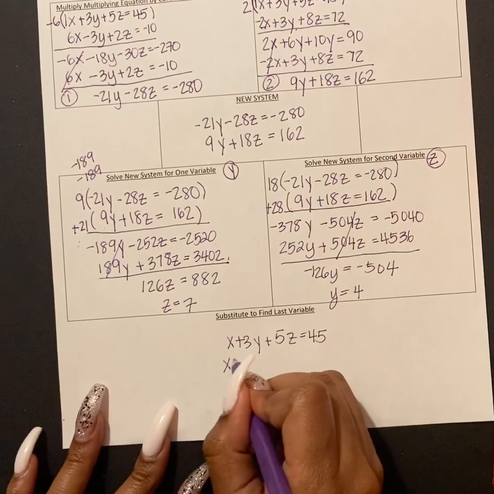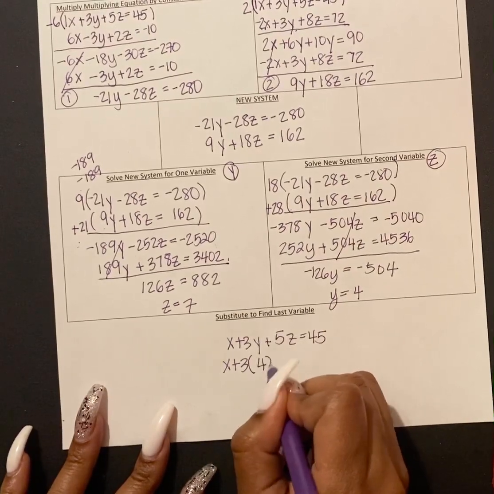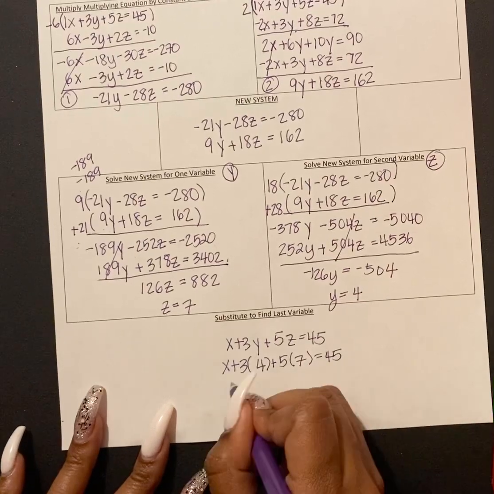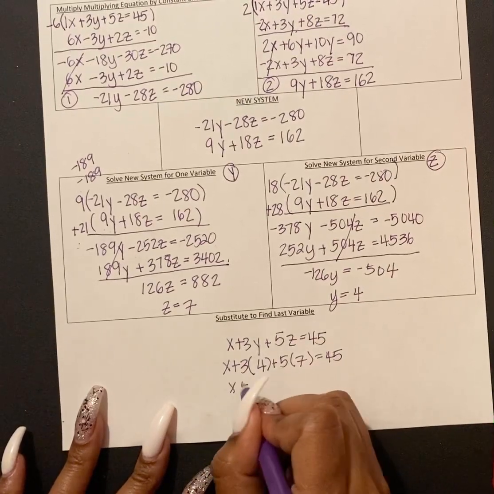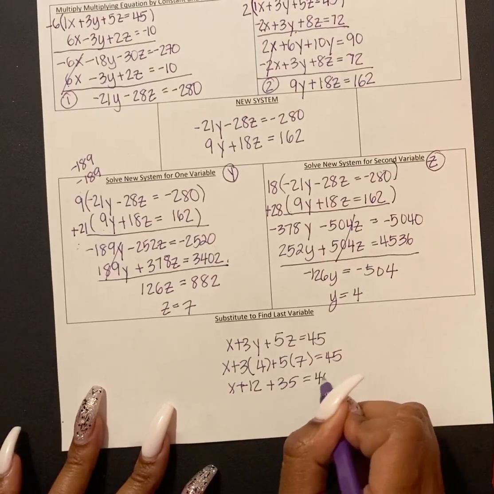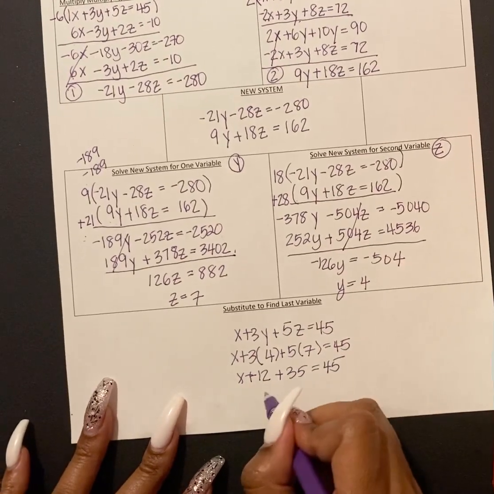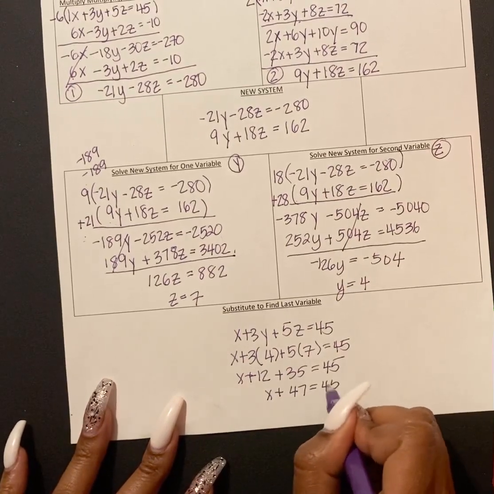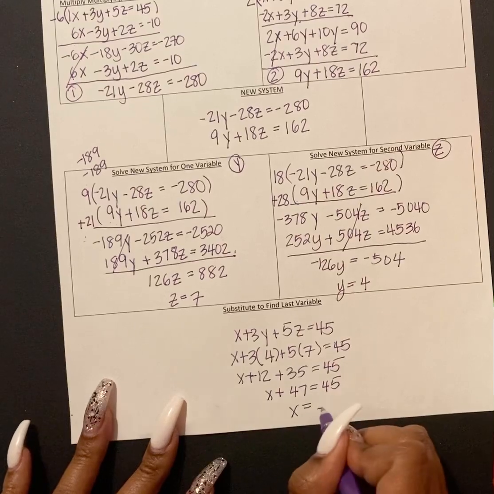So I have x plus 3 times y, which is 4, plus 5 times z, which is 7, equals 45. So x plus 3 times 4 is 12. 5 and 7 is 35. These two I can combine, so x plus 47 is 45, and subtract 47 on both sides.